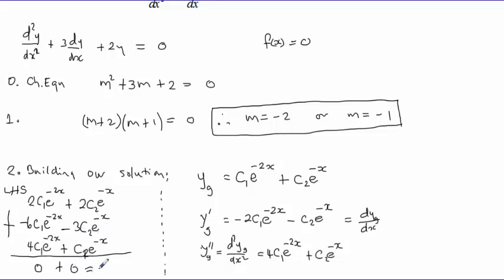So we get this equals 0, which is equal to the right hand side. We can now conclude that therefore this is a solution to the given homogeneous equation. So this is our first example.